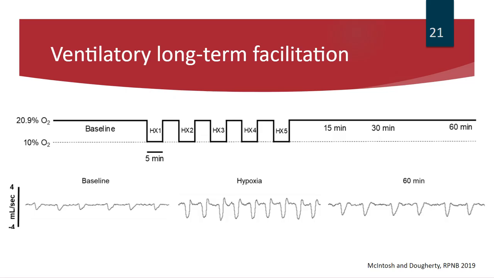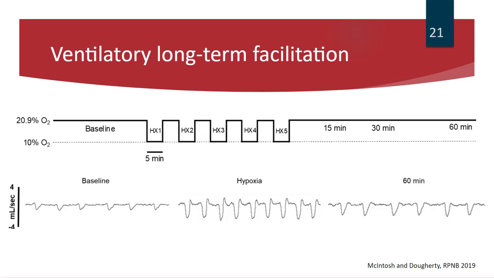But then we can stimulate this rat, very similar to what we do in our phrenic nerve stimulations, by doing intermittent hypoxic stimulation, where we reduce the level of oxygen going into the chamber down to between 10 and 12%. This is a study that we published in 2019 where we used 5 episodes of hypoxia, each 5 minutes in duration, separated by 5 minutes of room air breathing. And then we looked at overall breathing function 60 minutes afterwards.